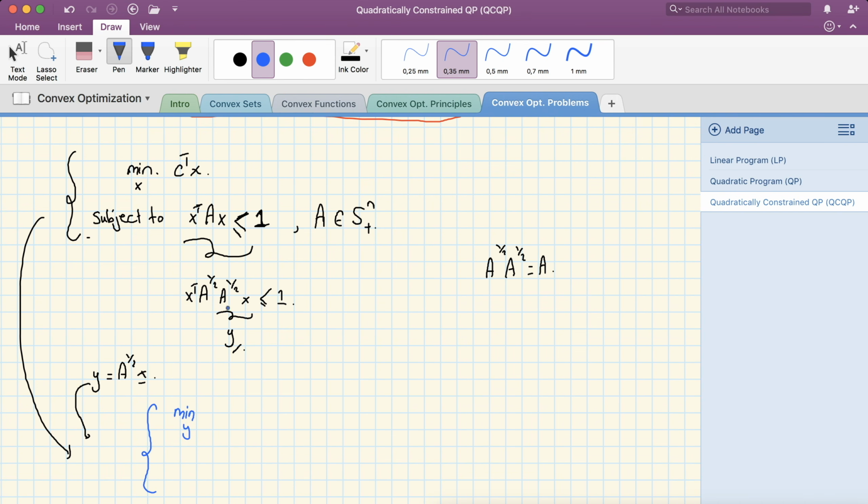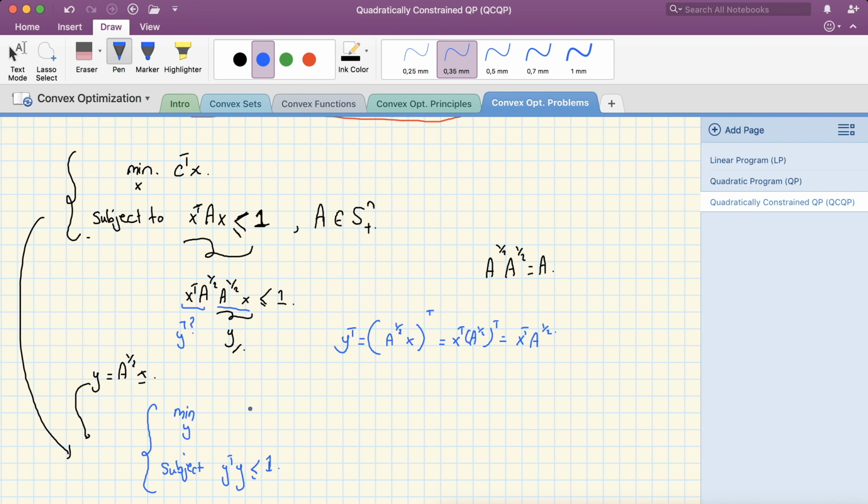So if this part right here is a y, then what is this? Let's write y transpose. Y transpose is A half x transpose. Now using the circular property of the transpose, we get x transpose A half. And since A is symmetric, and so is its square root, we get x transpose A half. Okay? So this right here is y transpose. So the constraint is nothing other than y transpose y is less than 1.